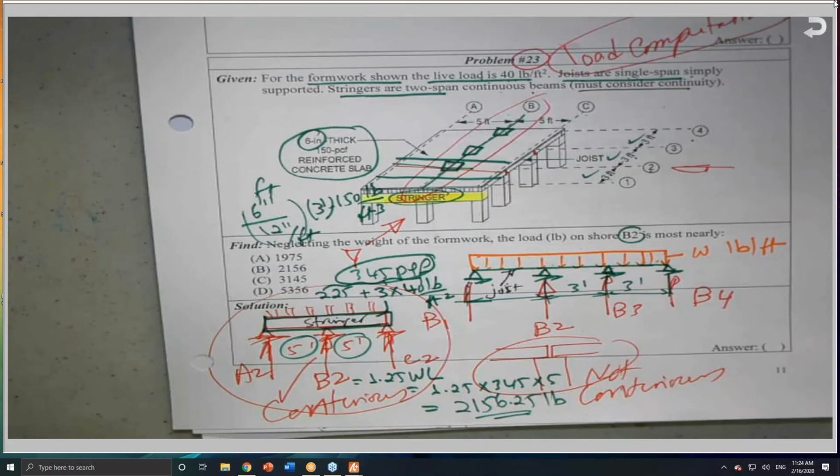Anybody got something different from this? Or do you disagree with this? Did I make any mistake here, by the way?